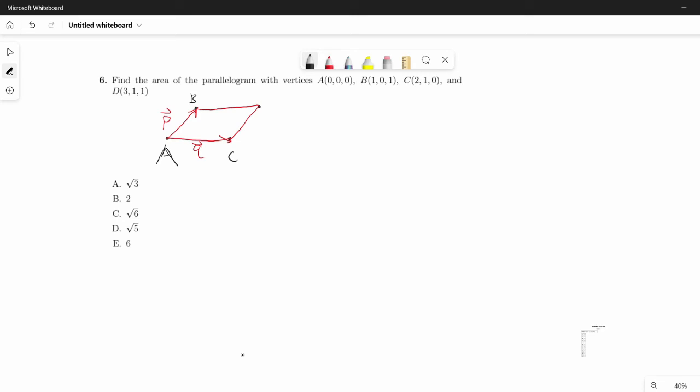In this case, we can say that the length of the cross product between P and Q will be the area. And again, I will show you why. Here, that should be R. If we draw a little perpendicular line down, we can see that the area of the parallelogram should be base times height.